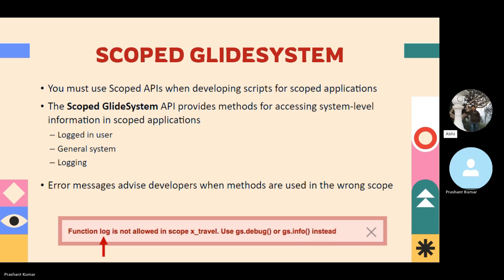Anyway, gs.info will do the same thing, but gs.log will not be available under scoped GlideSystem. Many things can be utilized, though some things are still restricted, but I will tell you that in a further session as well.